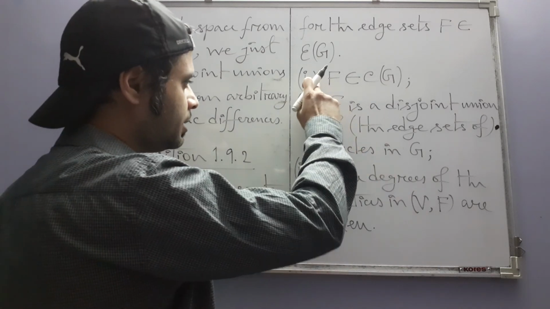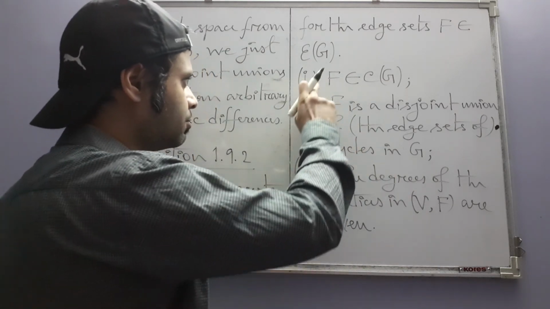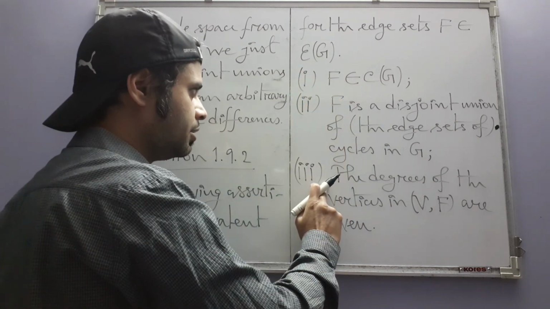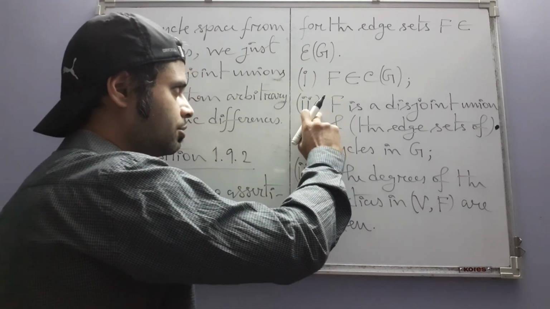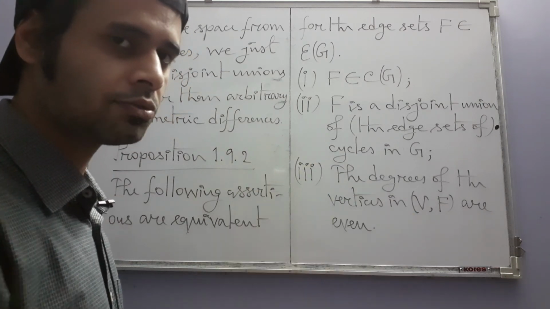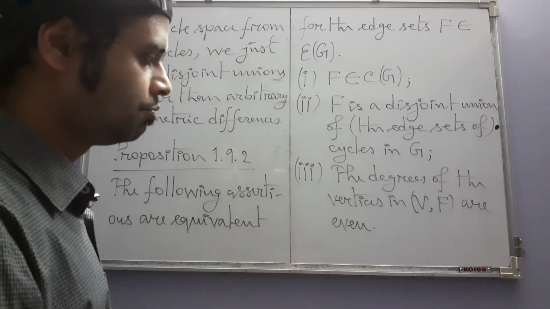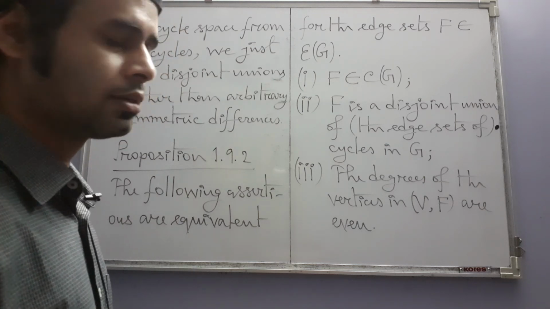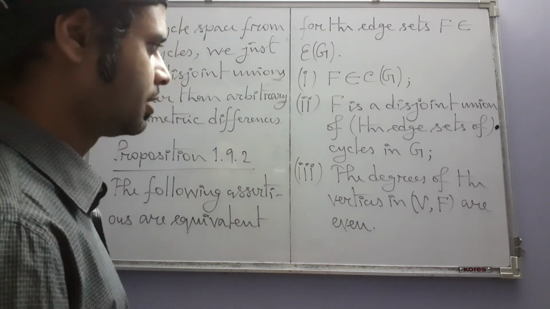For example, in the actual proof, it has been proved like this: 1 implies 3, 3 implies 2, and then 2 implies 1. Okay, so that way the equivalence has been established. We will see this in the next graph theory update and further things which come after this.